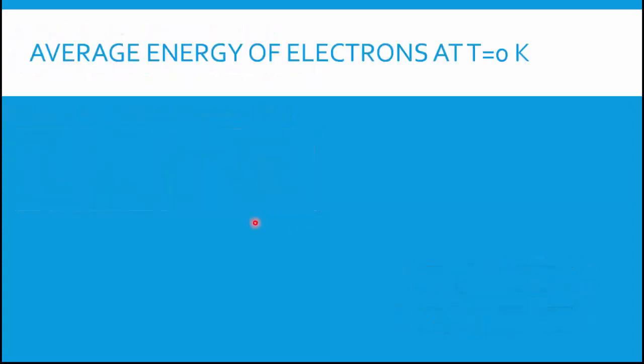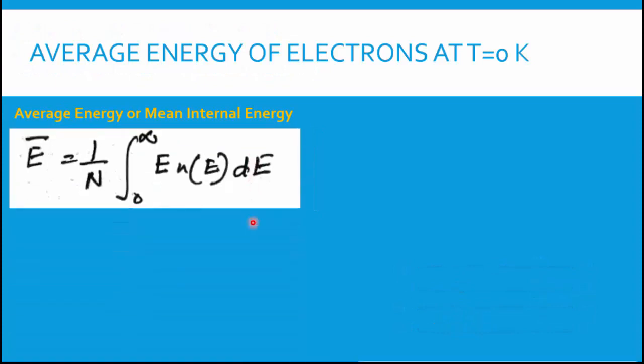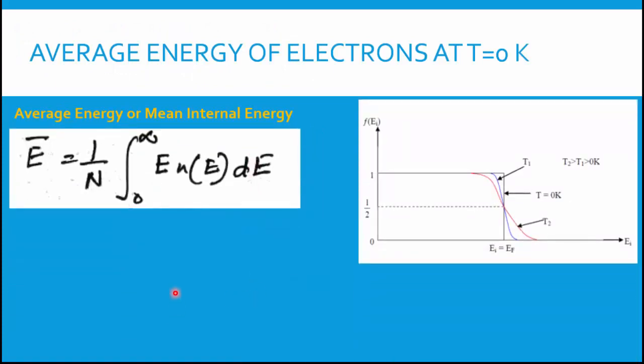So if I go further with the calculation, on the left hand side I have the mean internal energy, and this integration I break into 0 to EF and EF to infinity. From this graph you can understand that the energy on the x-axis from 0 to infinity, I break up into 0 to EF and EF to infinity.